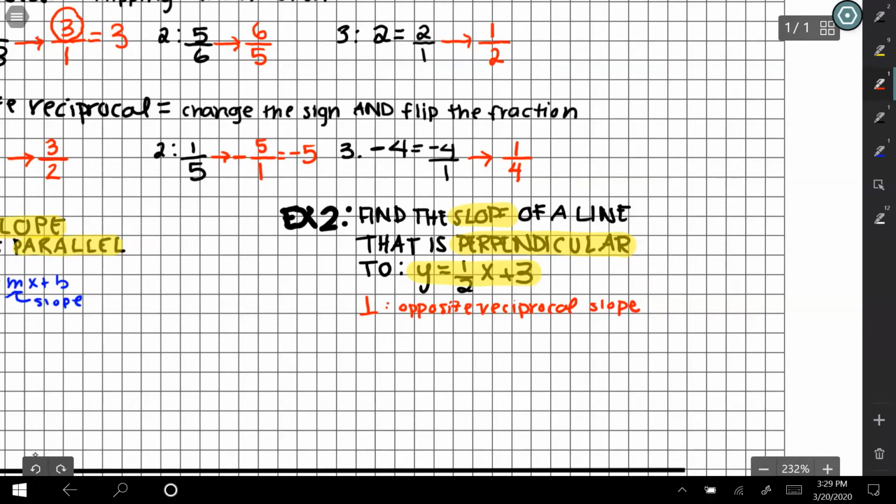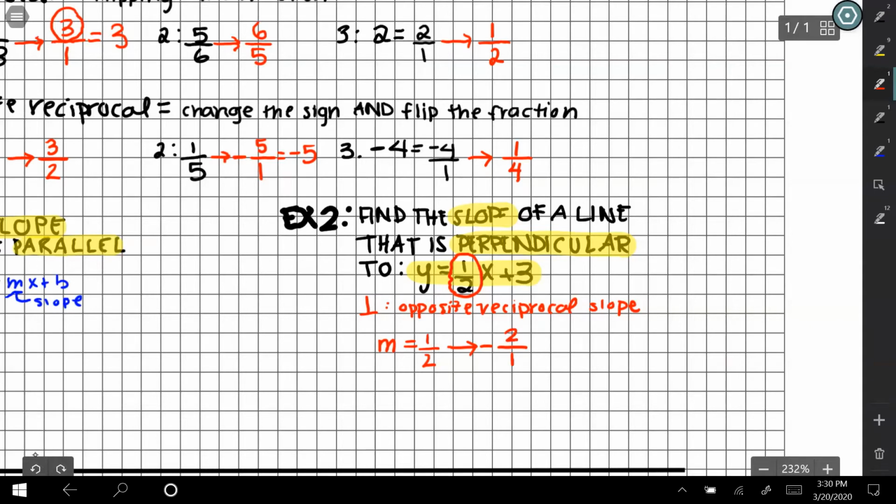Alright, so again, the number in front of my x is my slope, which makes my slope 1/2. So to find my opposite reciprocal, I'm going to draw my arrow. Positive means our opposite reciprocal is going to be negative. Top goes to the bottom, bottom goes to the top.